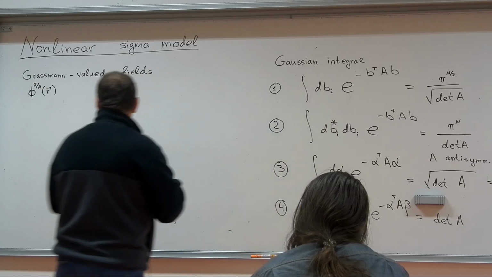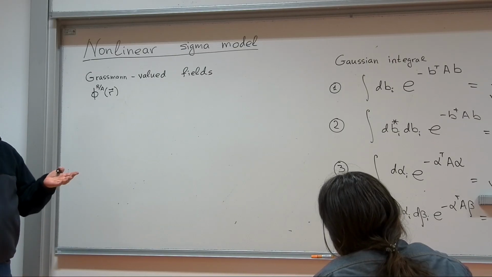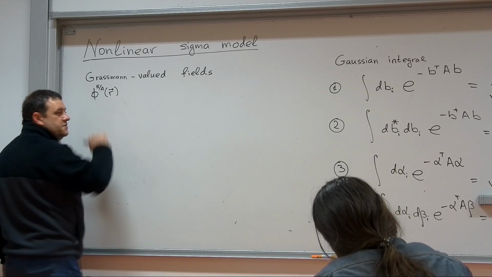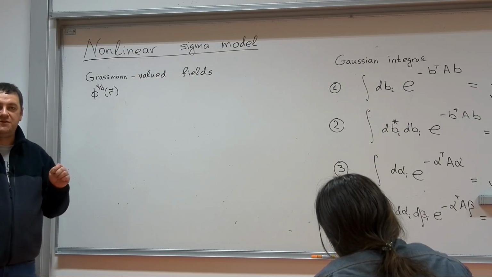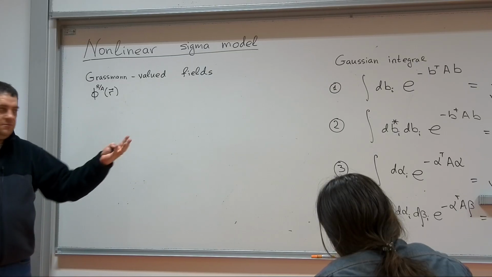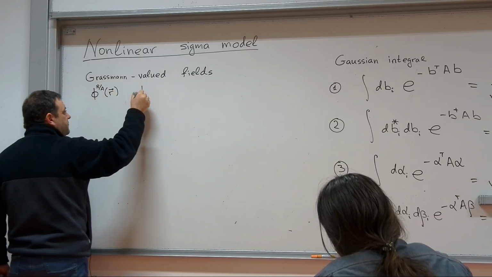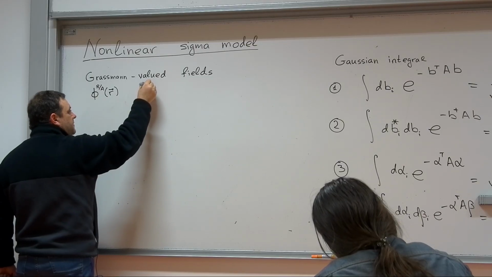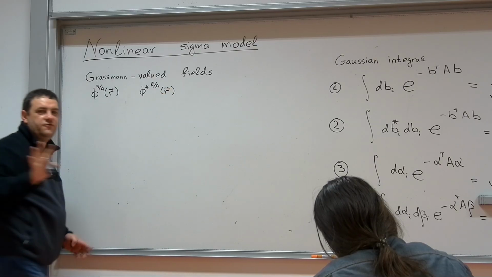But actually, it's quite convenient to say that this is a complex Grassmann valued field, which means we have two fields instead of one. We have field phi and the field phi star. So we have this and we have phi star, retarded and advanced.